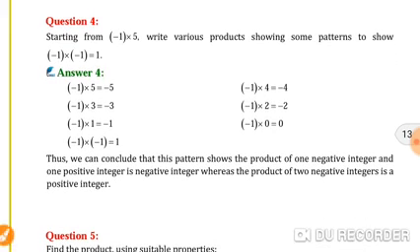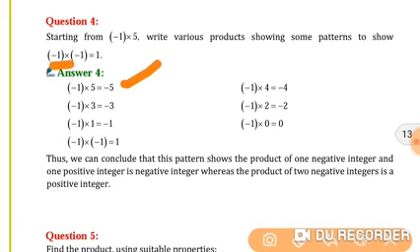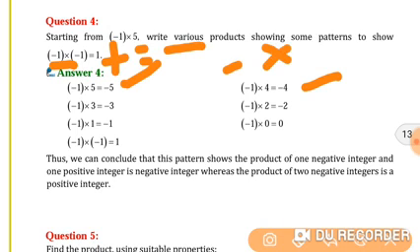So they have taken the example -1 into 5 is -5. See, one is negative, one is plus, so it gives a negative itself. Okay. Then -1 into 4, next below, till -1 we have to take. It's also one negative, one positive, so it gives a negative itself.